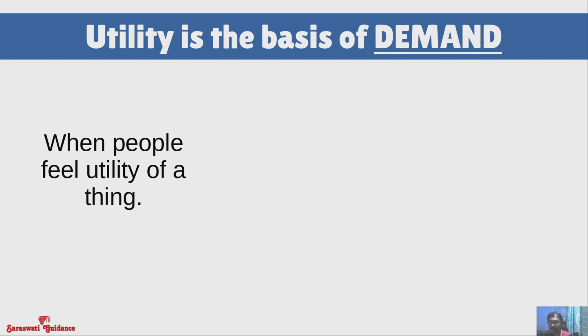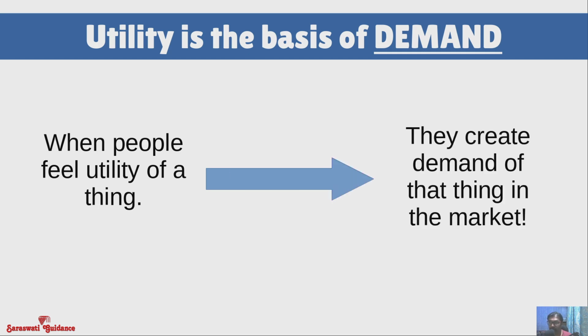And when a large number of people feel the same want, it leads to the demand which is created in the market. So, when people feel the utility of a thing, they create the demand of that thing in the market. So, market is dependent upon people's wants, people's feeling of utility for a particular thing.